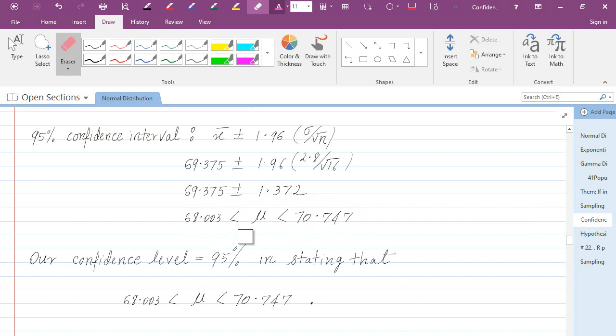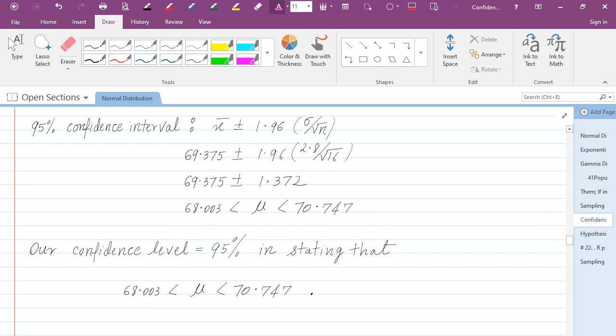What we are saying is that if we calculated a confidence interval in this way for many different samples, then 95% of the time the population mean will be in the corresponding confidence interval.